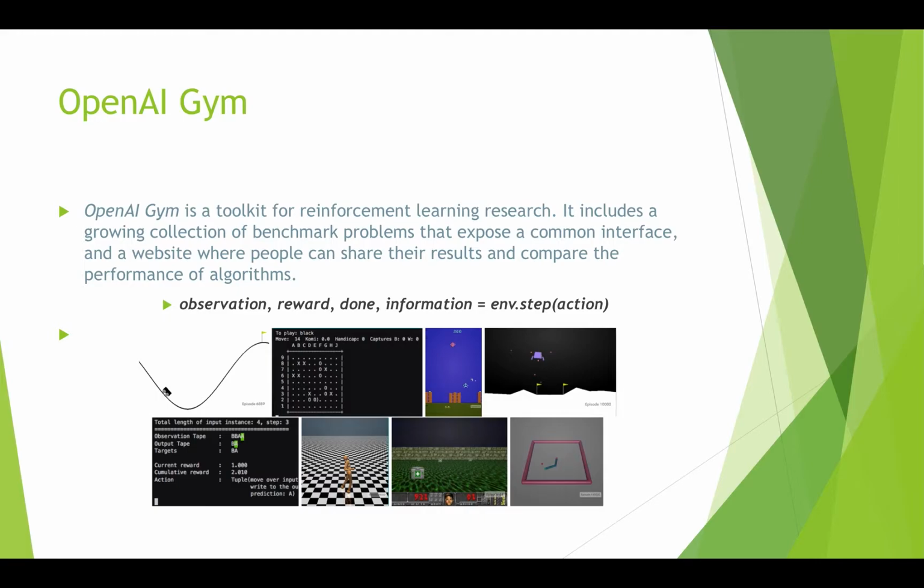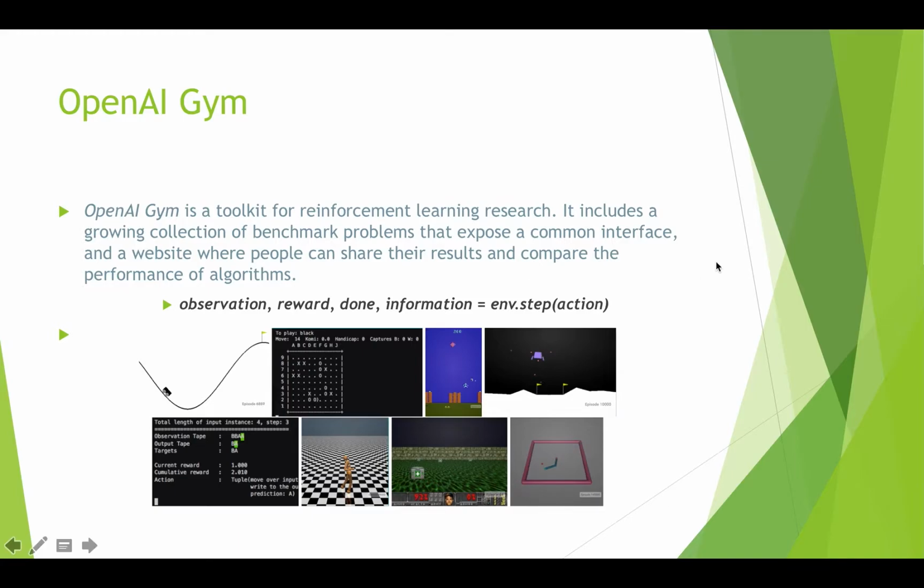Okay, so finally we'll talk about OpenAI. OpenAI Gym is a toolkit for reinforcement learning research, and it includes a growing collection of benchmark problems that expose a common interface. It is a Python library containing hundreds of gaming environments, and we can get information from all the environments with OpenAI Gym.